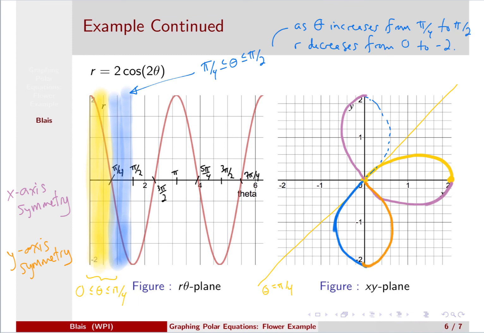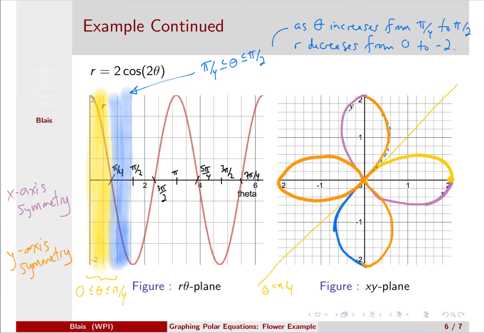We can also reflect this lavender piece that's in the second quadrant over to the first quadrant. And this entire petal in the first and fourth quadrants can also be reflected over. And we get a ton of the graph by exploiting these symmetries.